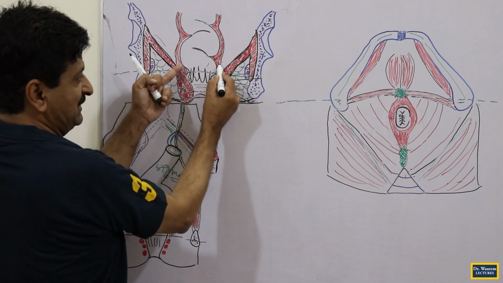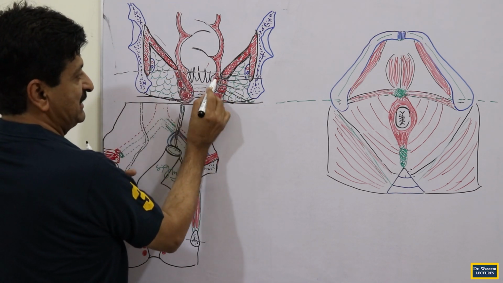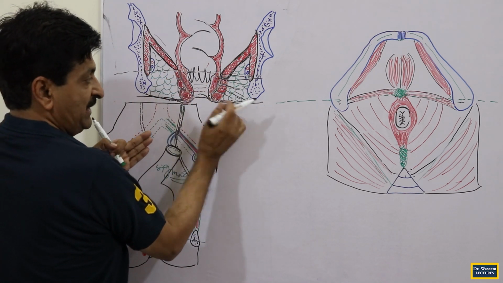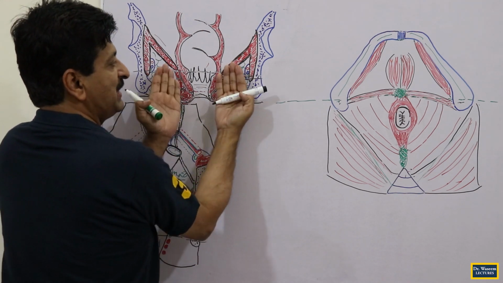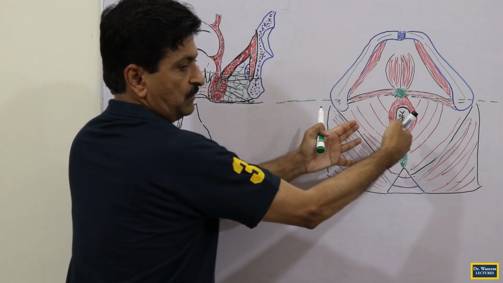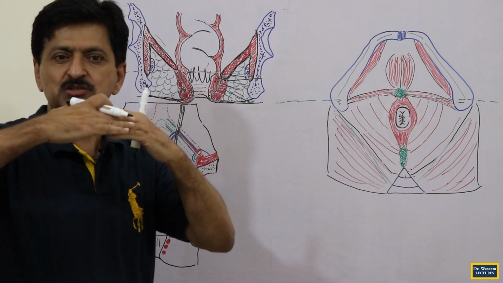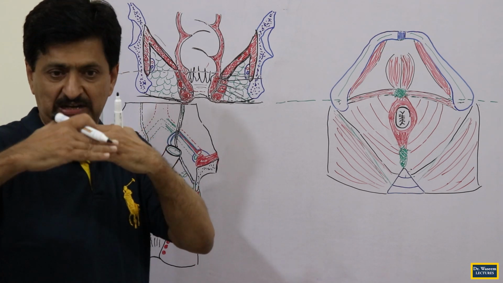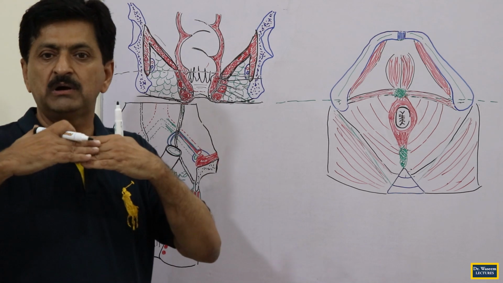And now, you see, the rectum is passing to become the anal canal here. So this is the anal canal as it appears here, and if this is skin, then next will be the fatty layer. So the fatty layer can come here in these gaps. Why in these gaps? Because these gaps are too deep. Why? Because there is no diaphragm at the outlet, in the anal triangle area.